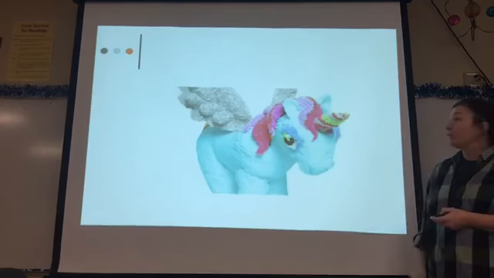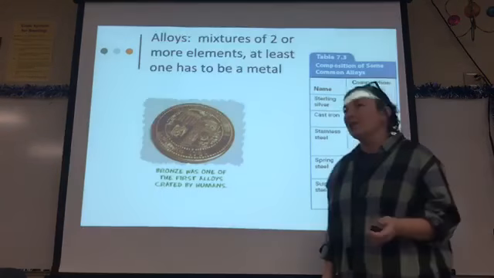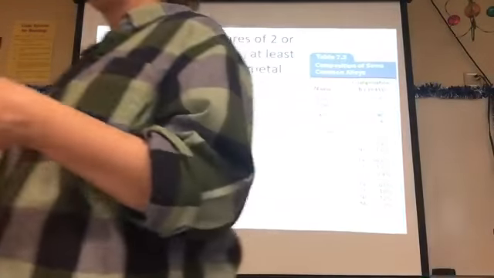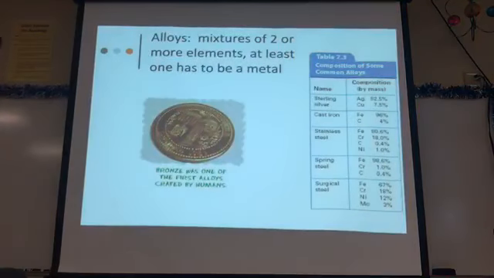You good? Okay. Now, there's really no such thing as metallic compounds, or metallic bonds between different substances. It's more of a mixture. Metals tend to interact as mixtures, and these mixtures are called alloys. An alloy is a mixture of two or more elements, and one has to be a metal. These alloys are stronger, more durable, and less corrosive than the original individual metal.